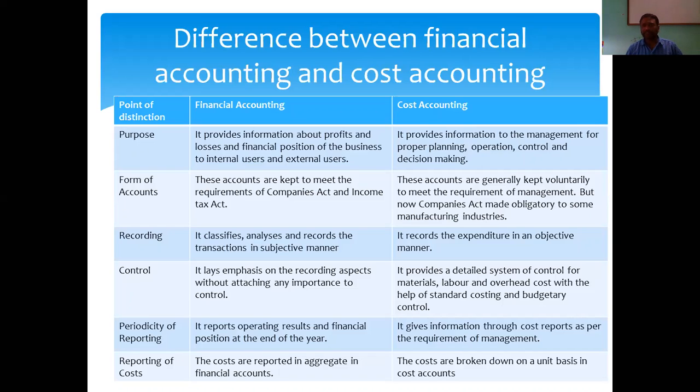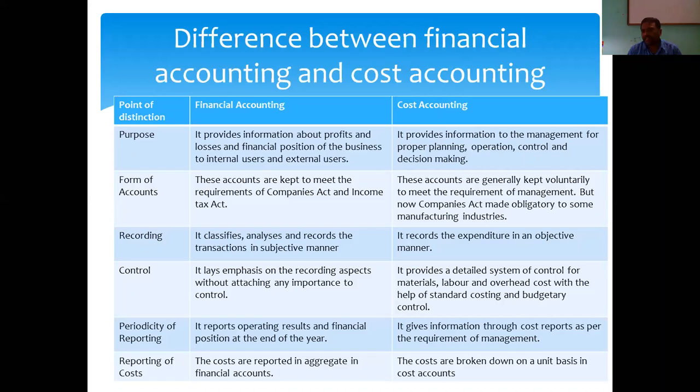And control, it emphasizes recording the aspects without attaching any importance to control. So here it provides a detailed system of control for material, labor, and overhead cost with the help of standard costing and budgetary control. I told you, to make the production, we are going to learn the material in detail in the second chapter, labor in the third chapter, and overhead in the fourth chapter.